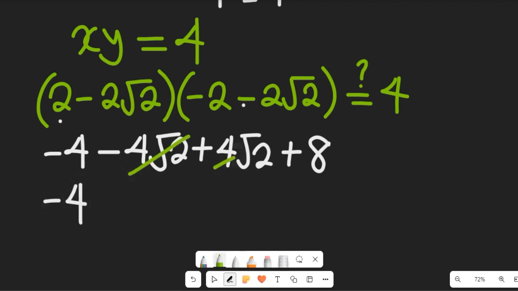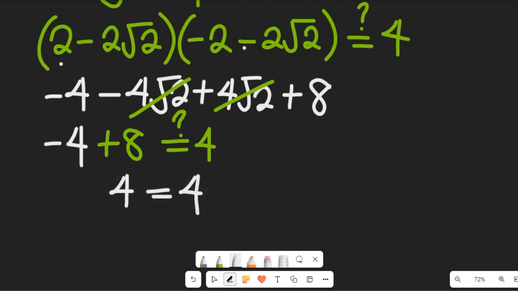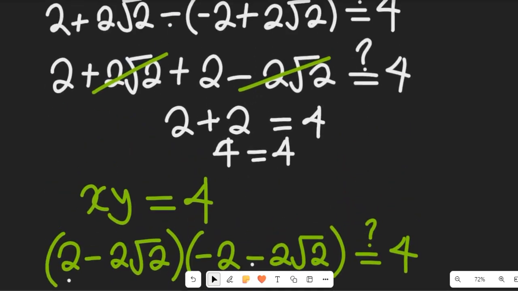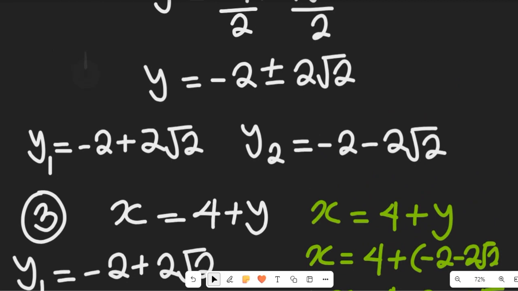Definitely this will clear this and we'll have minus 4 plus 8. Is it equal to 4? Sure it is. So minus 4 plus 8 is going to give us 4, and that is equal to 4. So that tells us that this whole expression is also absolutely right. So that means these two solutions, x1 and x2, y1 and y2, are the solutions to that expression given to us above here.